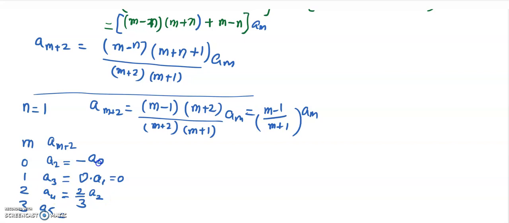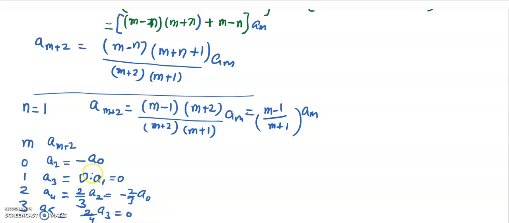Okay, but a2 was minus a naught, so it will be minus 2 by 3 a naught. And then the next term will be for 3 minus 1 is 2 over 3 plus 1, 2 over 4, so it will be 2 over 4 a3, but a3 was 0, that term will be 0.